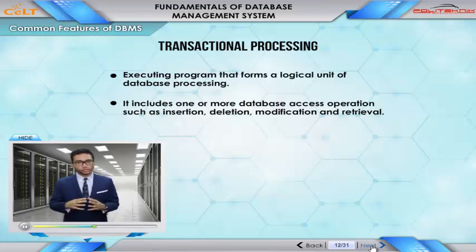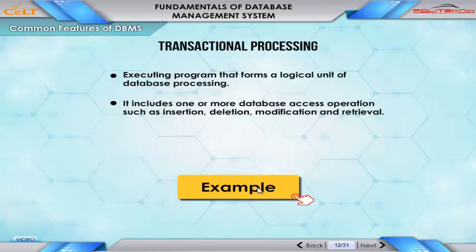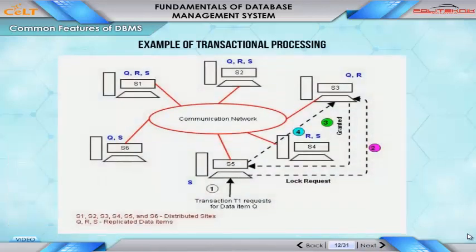It is used to perform scheduling of operations and implementations of concurrency control algorithms to control simultaneous uses and recover from failures. Click at the button to see the example of transactional processing in DBMS. This is an example of transactional processing feature in DBMS.